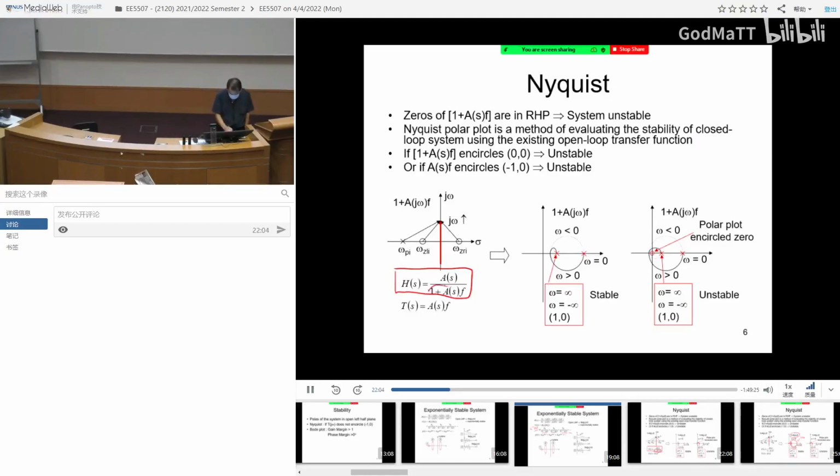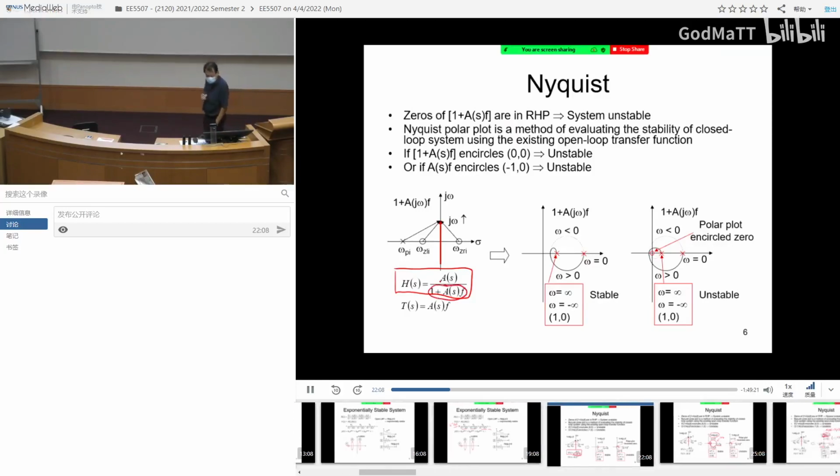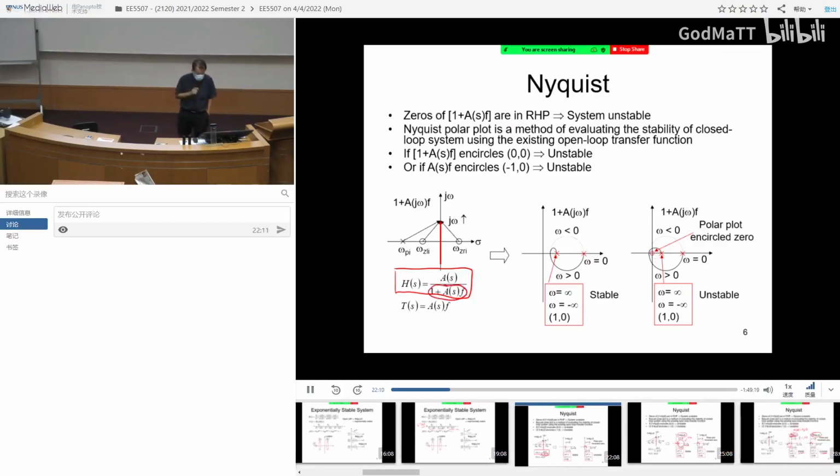You just focus on this term over here, which is 1 plus A(jω)F. In fact, we can lump this and call it T(jω). So basically, it's plotting 1 plus T(jω). How do you plot it?